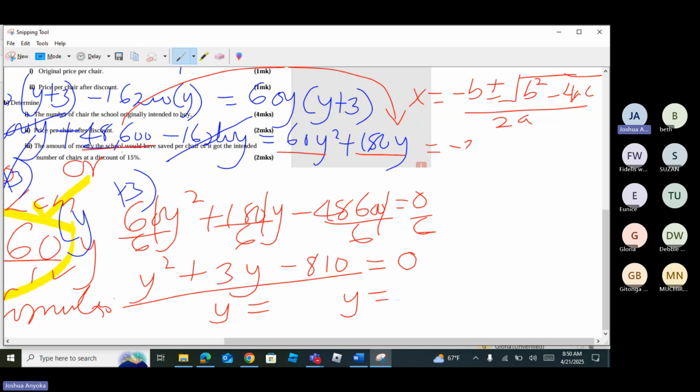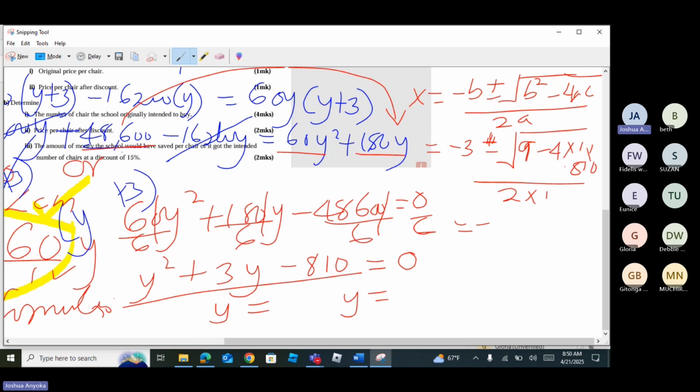What's the answer? 3 squared is 9, minus 4ac, where a is 1 and c is 810, then we divide by 2 times 1.